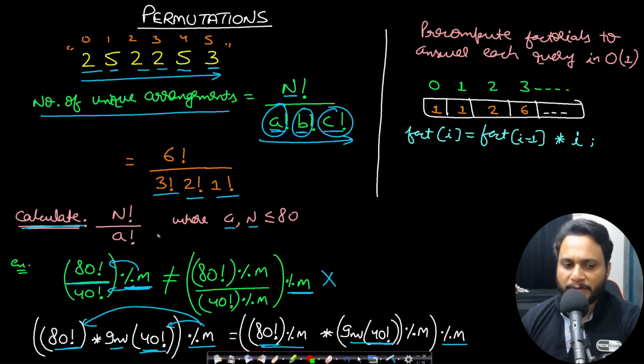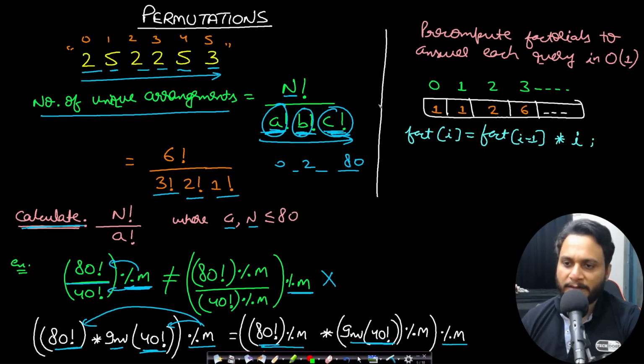Now, in any of these cases, there will be situations where you will be calculating multiple different factorials all the time, a factorial, b factorial, c factorial, and so on, in the range of 2 to 80 factorial, or maybe from 0 to 80 factorial, because 80 is the maximum length.